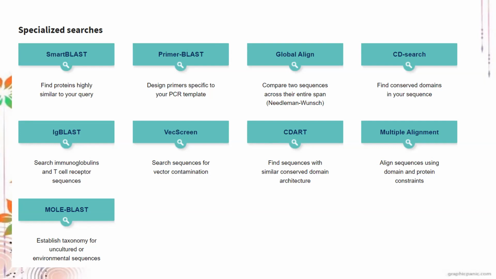You also have IgBLAST for immunoglobulins and T cell receptor sequences. Obviously, this is usually used when you want to design vaccines. And then you have VecScreen for vector contamination. You search a sequence for certain vector contamination.